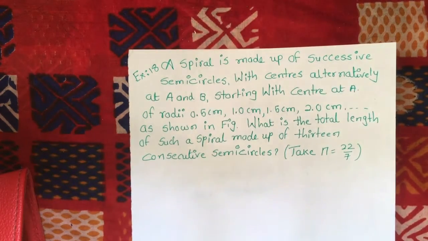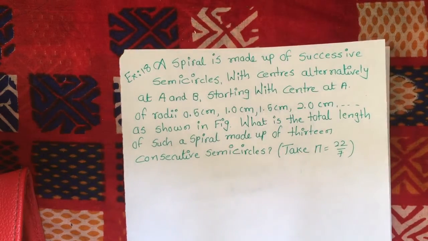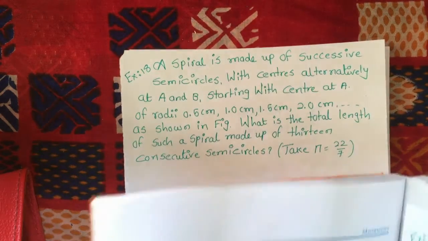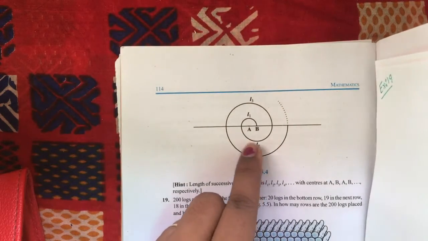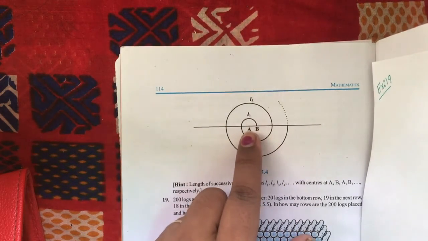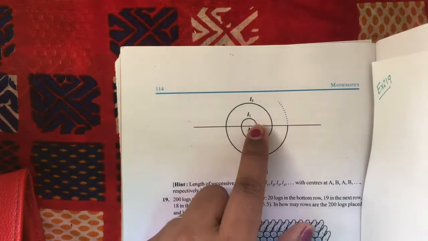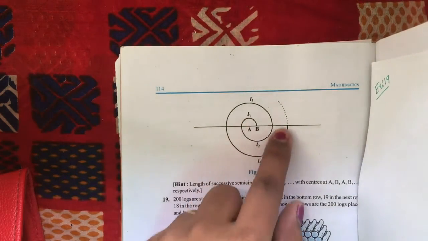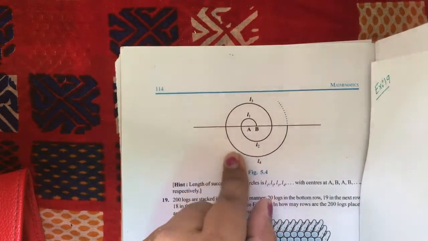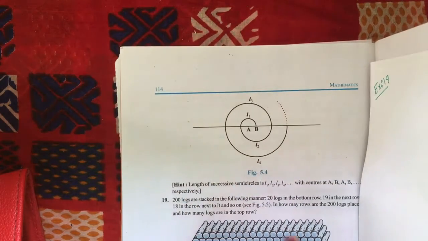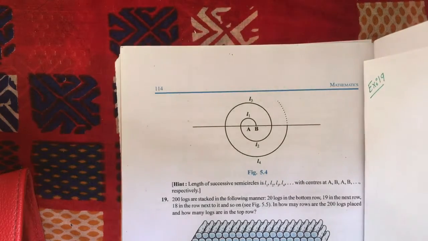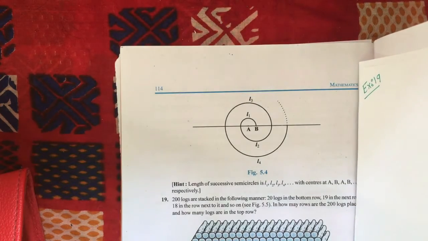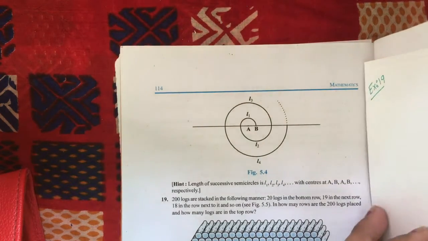Okay, so let me show you the figure. So this is the figure for the spiral. We are having 2 centers which is A and B. First we have this loop, the second loop, the third loop, the fourth loop, and this continues with the 13th loop. Okay, so as you all know that we have to find the perimeter of semicircle.